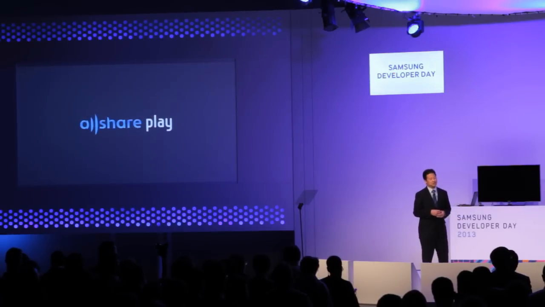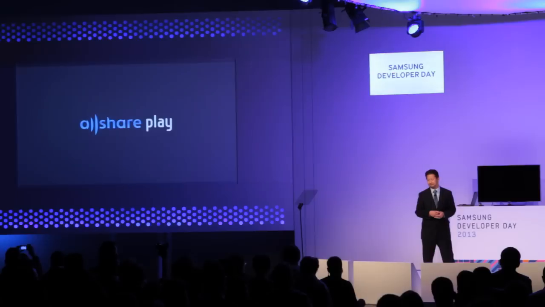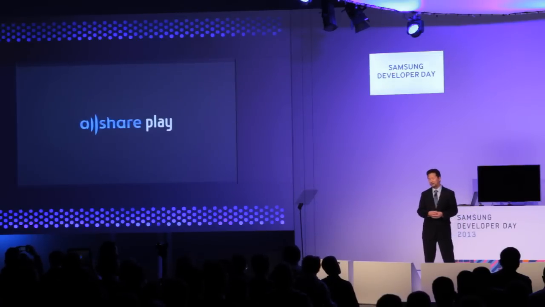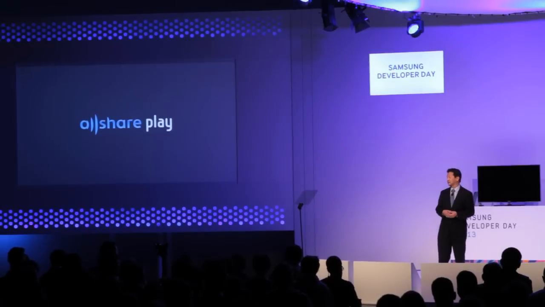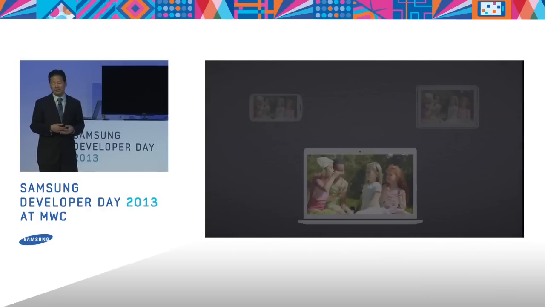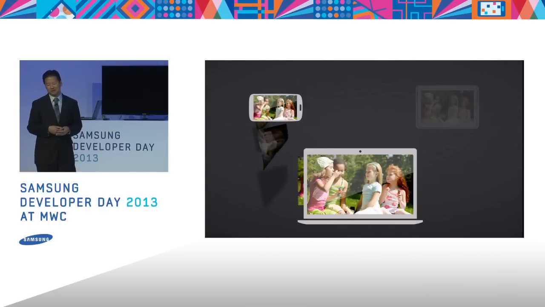AllShare Play is Samsung's convergence service that lets you use your content regardless of time and place. It also doesn't matter on which device the content was saved, because AllShare Play wirelessly connects your registered smart devices.